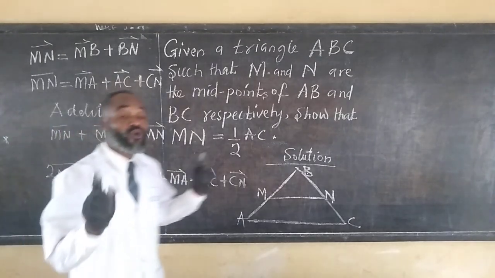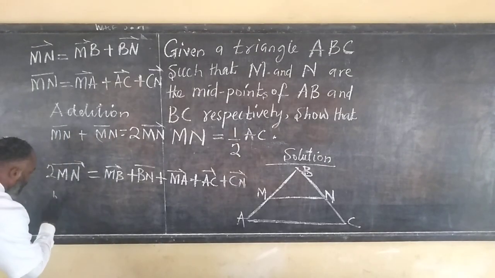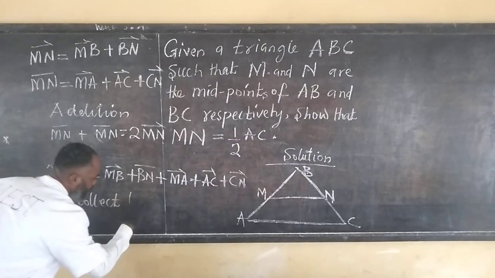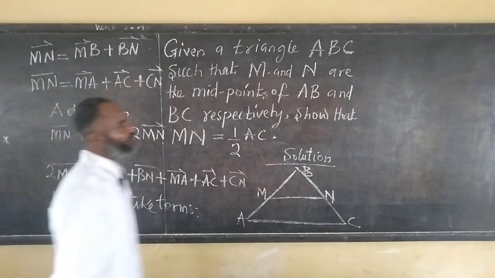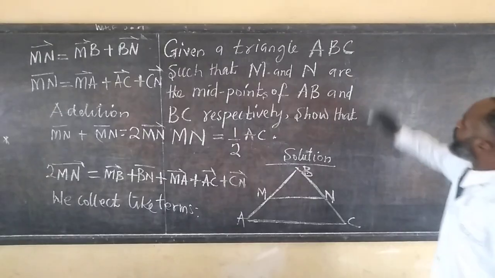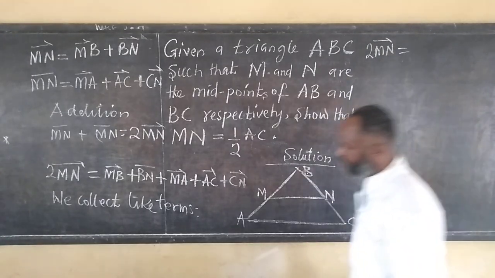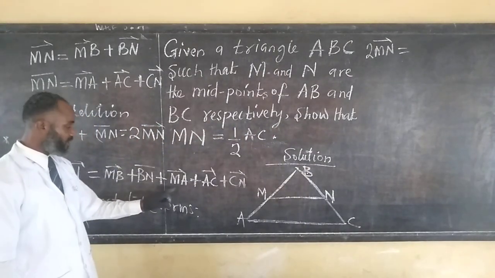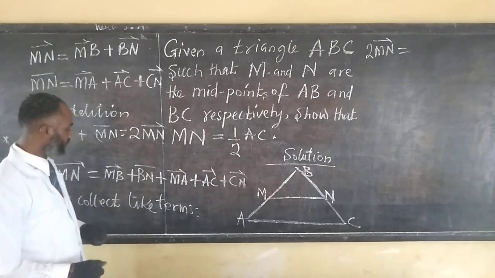The next thing we need to do is to collect like terms and see what remains. What remains is very simple. 2MN is equal to MB, which we combine with MA because there is M here and M there, so they are like.